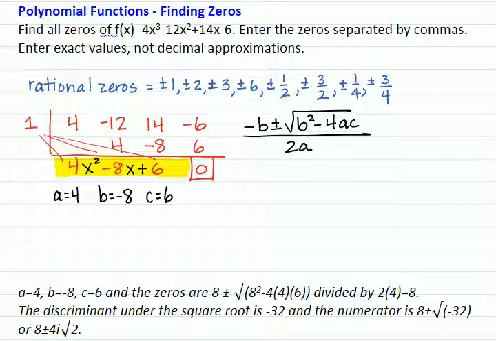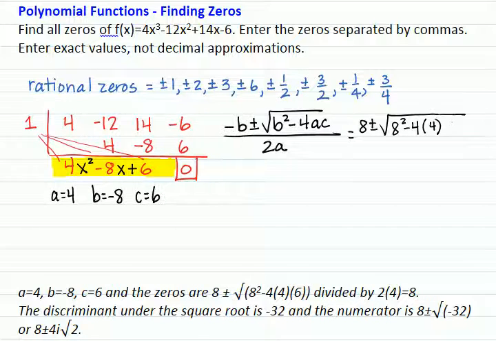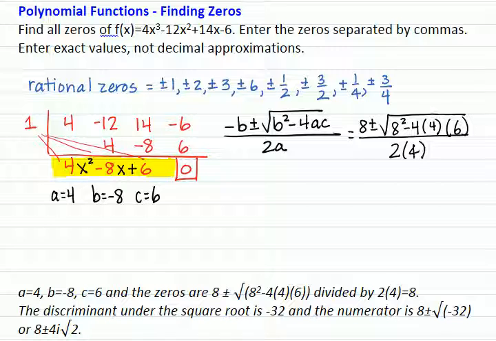So the zeros will be 8 plus or minus the square root of 8 squared minus 4 times 4 times 6, divided by 2 times 4, which is equal to 8. The discriminant under the square root is -32.